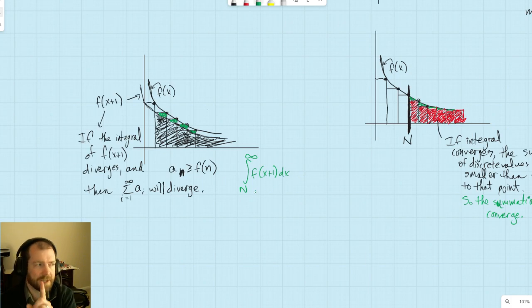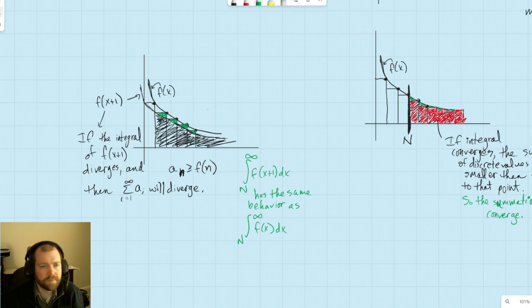It's not the exact same value, but it has the same behavior as the integral from capital N to infinity of just f of x dx. Those n's might be slightly different numbers, plus 1, minus 1, that sort of thing. But the point is that both of these things will diverge, or both of these things will converge.